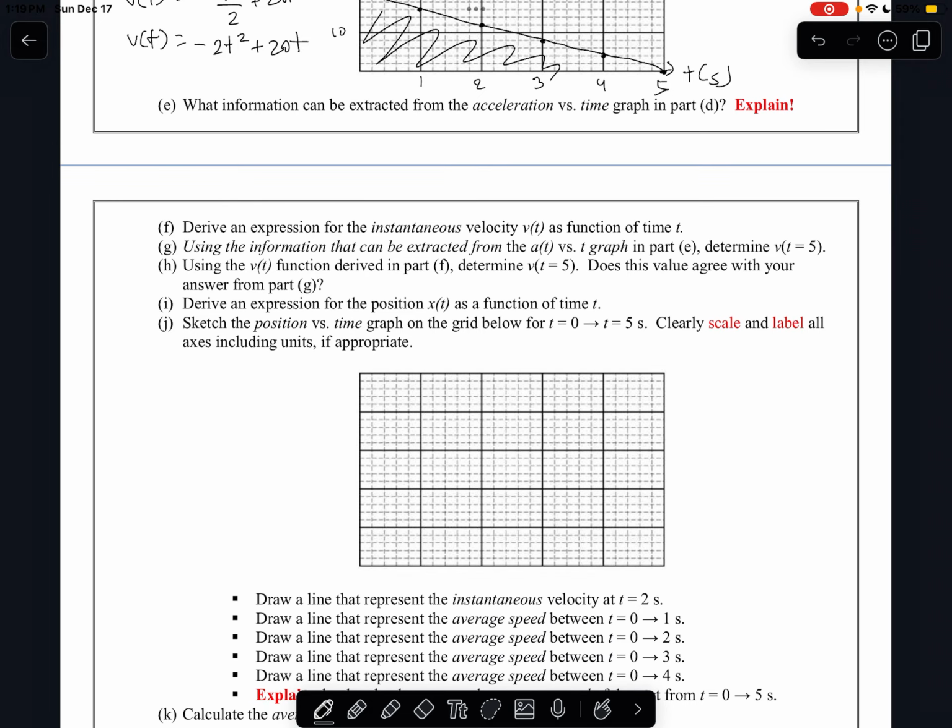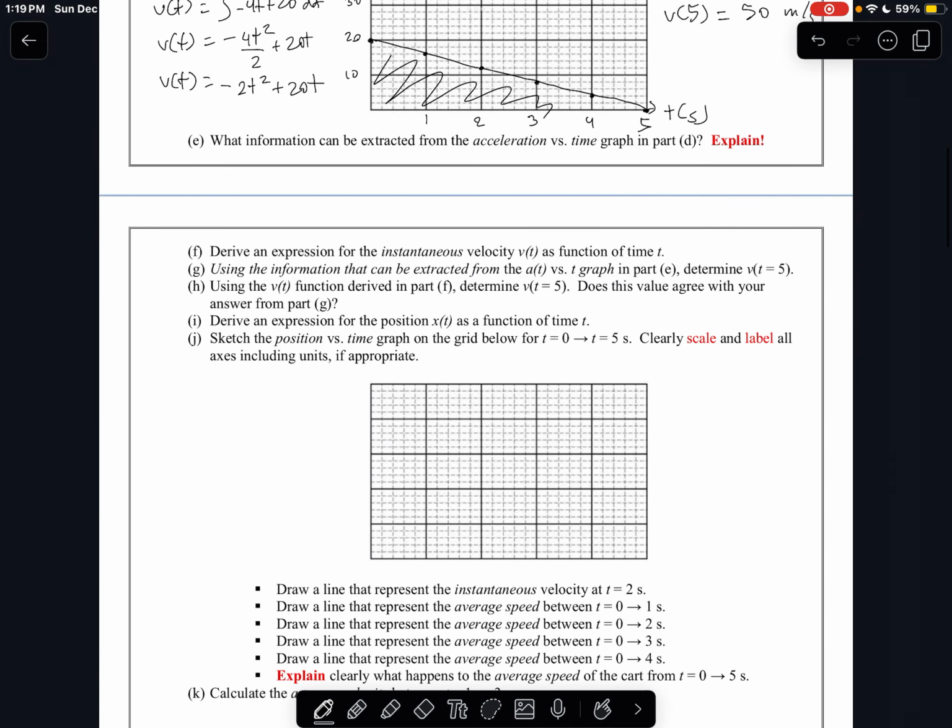And for part H, I can just substitute in 5 for the velocity function I got. So you should get the same answer. It's 50 meters per second.